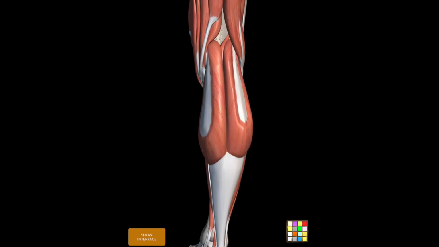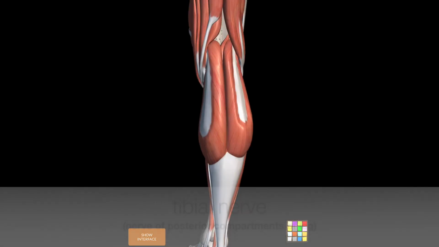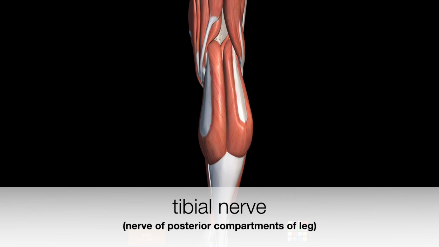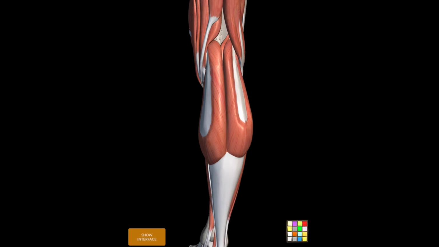So that leaves us the tibial nerve to supply the entire posterior compartment, both superficial and deep subcompartments. The superficial compartment is supplied by proximal branches that are given off in the popliteal fossa, supplying both heads of gastrocnemius, plantaris, and also supplying popliteus, the proximal muscle of the deep compartment.